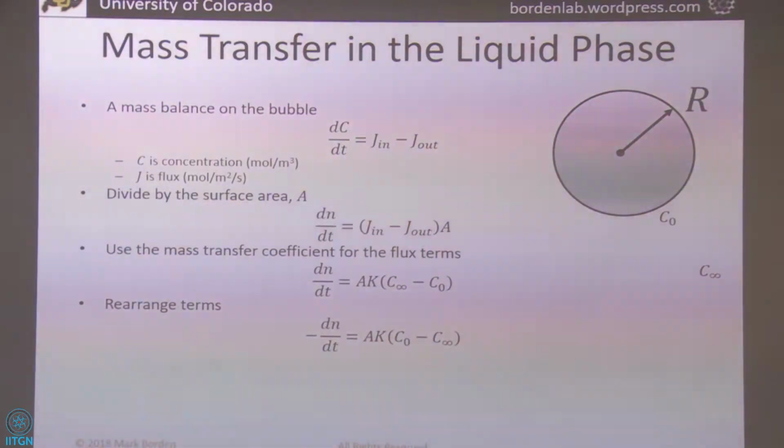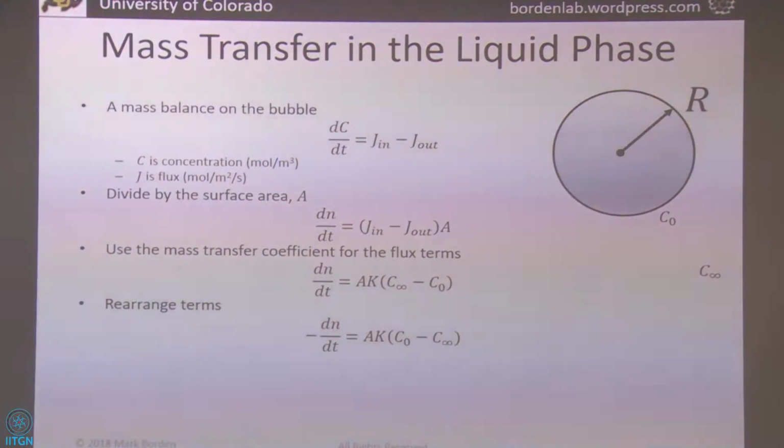You can rearrange those terms. All we're doing is changing the order of the subtraction, and then we get a negative sign here. Why do we do this? Well, because we usually have a higher concentration at the bubble surface than in the bulk, because of the Laplace pressure, it creates a higher concentration here than in the bulk, and so this term will be positive, which leads to a negative term here, so we get loss of gas.